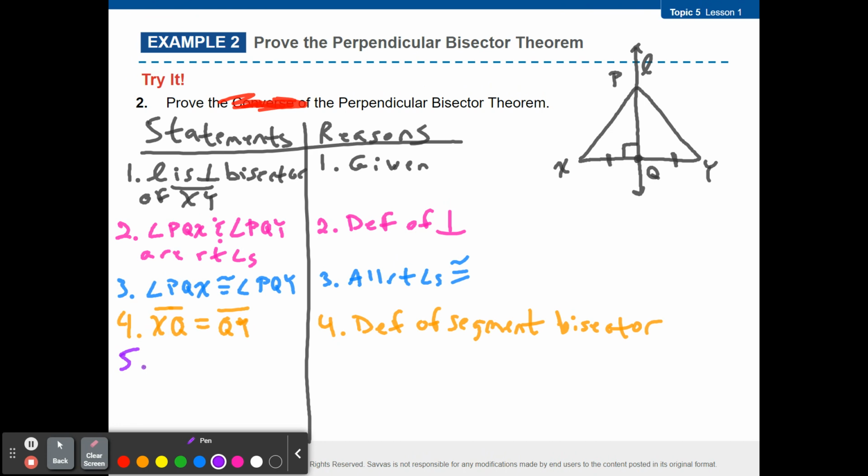Part 5, now remember, we have technically this angle and this angle congruent, this side and this side congruent. The next thing we would have is that PQ would be congruent to itself, by the reflexive property.